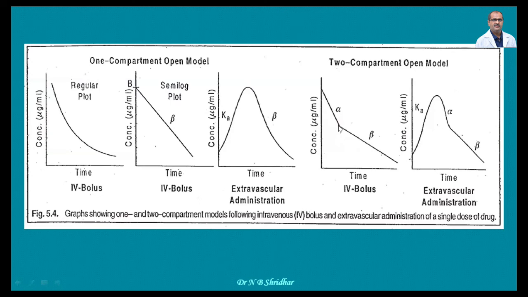The concentration decreases, then becomes plateau. In extravascular administration, initially there is an absorption phase. In the IV bolus dose, there is no absorption phase, whereas here this is the absorption phase. Then it reaches the Cmax and there is elimination and biotransformation reactions.